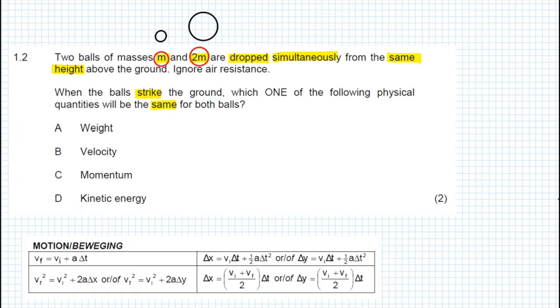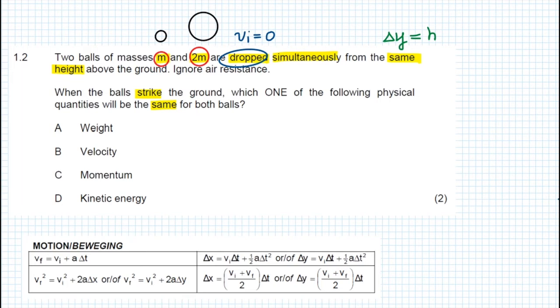They are dropped, and the word dropped implies that they both start off with an initial velocity of 0 meters per second. They dropped simultaneously, which means they dropped at the same time. And they both start off from the same height and will both hit the ground, so we know that their displacements are the same. The only thing so far that is different for the two balls is their masses.